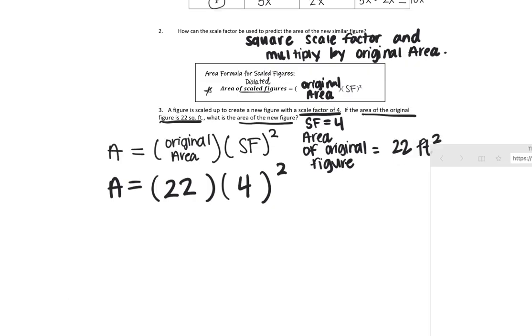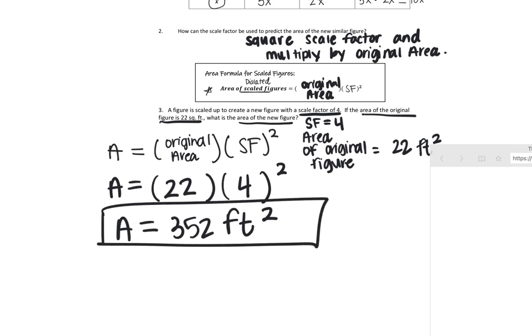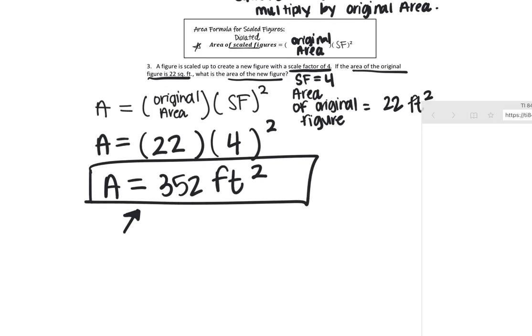Okay, so my area of the scaled figure is 352 feet squared. So this area that we just figured out is the area of the figure with a scale factor of 4.